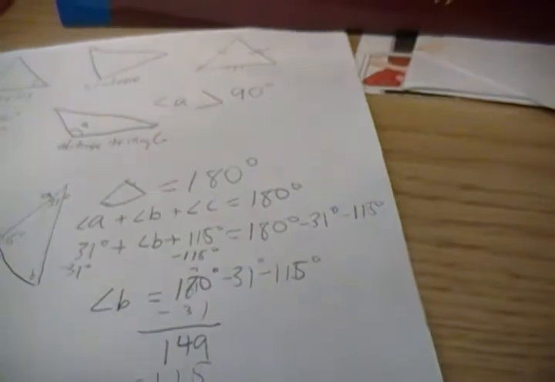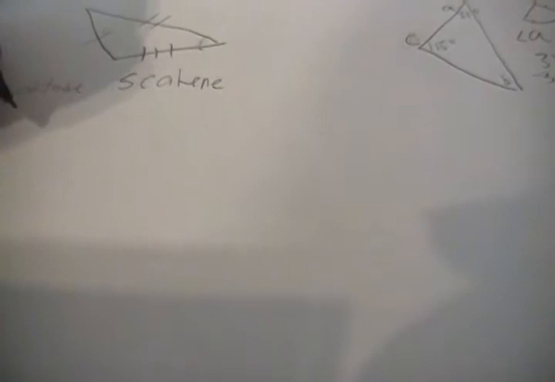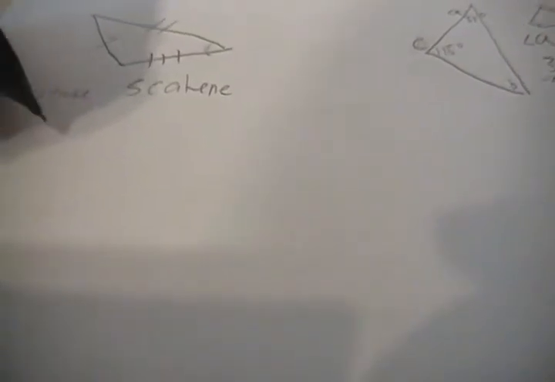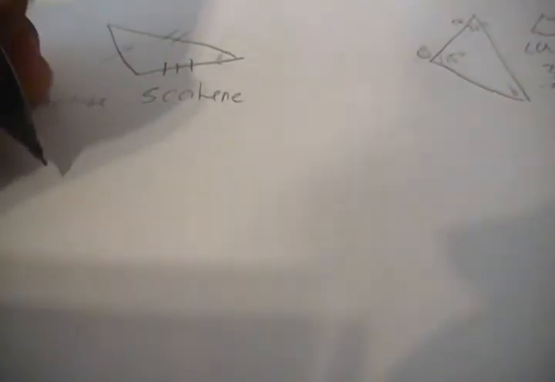And then that's it. Let's try one with a quadrilateral. Now remember, a quadrilateral is just any shape that has 4 sides. They don't have to be equal, but they're just 4 sides connected to each other.